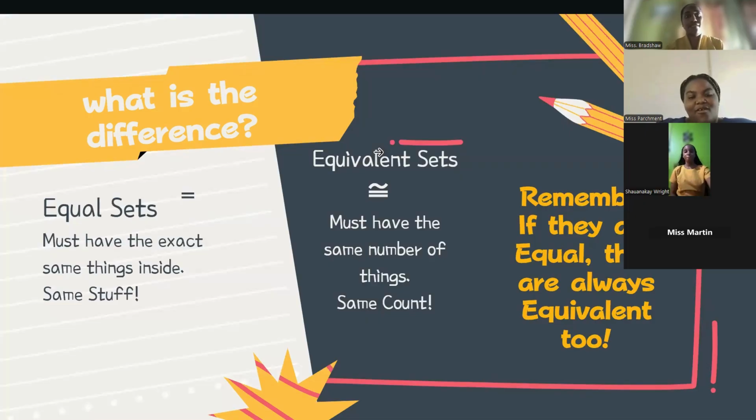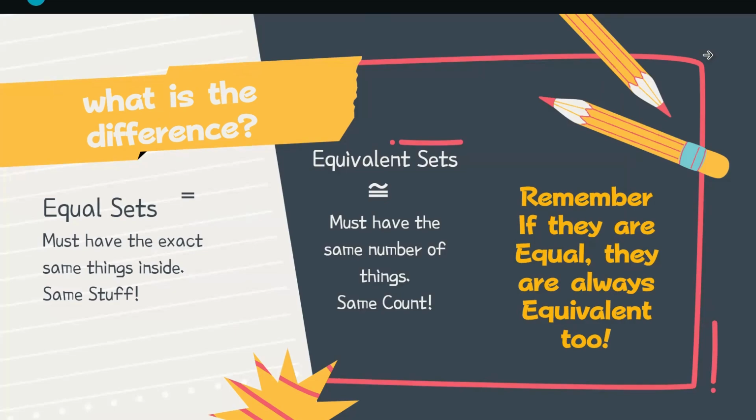All right, so what is the difference? We spoke earlier about equal sets and equivalent sets. For an equal set, the sign here, it must have the exact same thing inside. For an equivalent set, with the sign right here, it must have the same number of things.